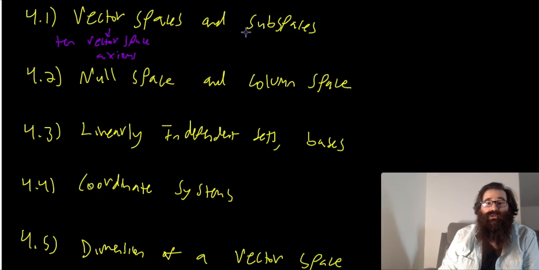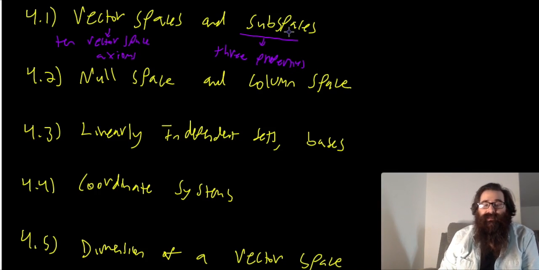And what's nice about showing that something is a subspace is there are 3 properties that I have to check for that. So if I can show that something is serving as, let's say, a subspace of Rn, then that's going to serve as its own vector space too, which is a really nice shortcut for us because, hey, we don't want to try to show that the 10 vector space axioms hold true.